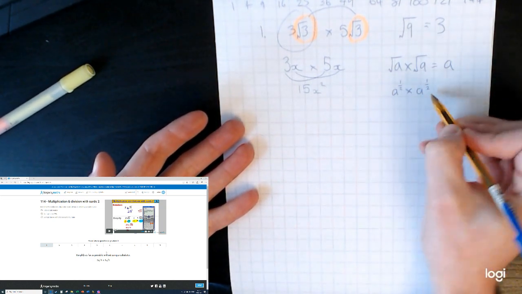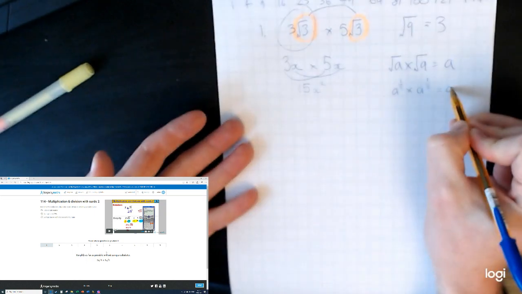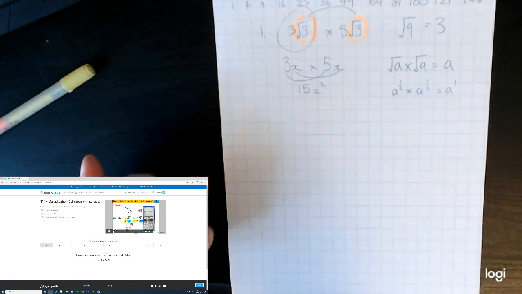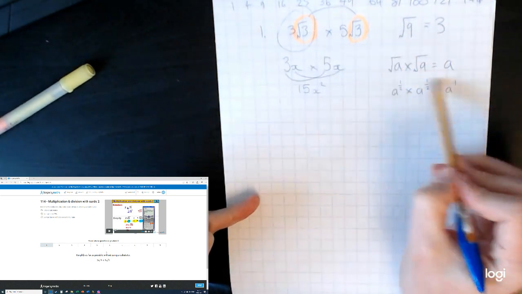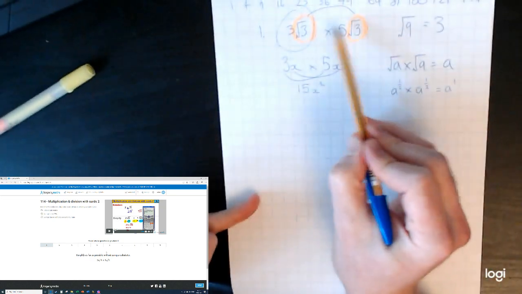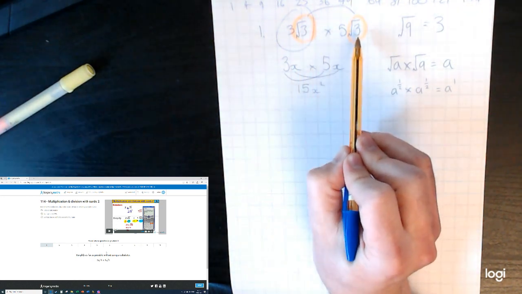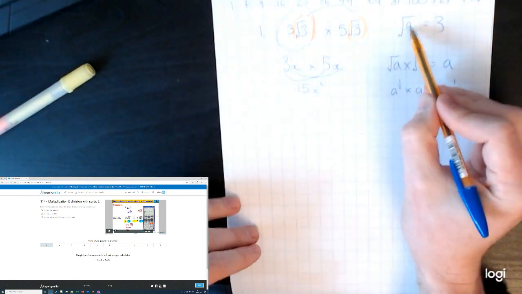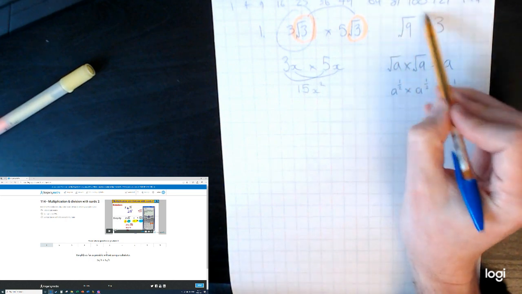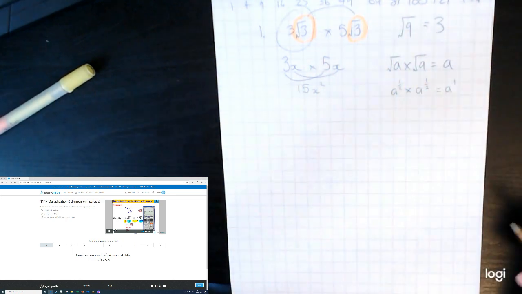So a to the half times a to the half, half plus half is 1, a to the 1, which is why we get this rule. So yes, you can work it out like that, but if you ever are multiplying a surd by itself, when you're a higher student, you don't waste time writing it out like that. You just go straight to 3.